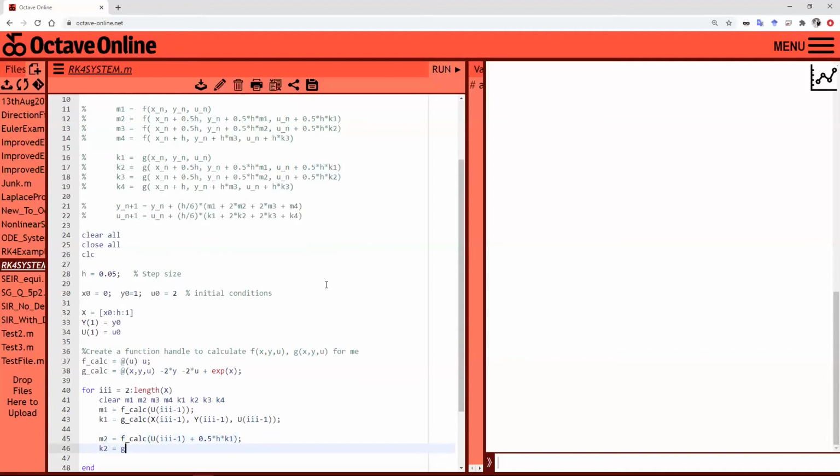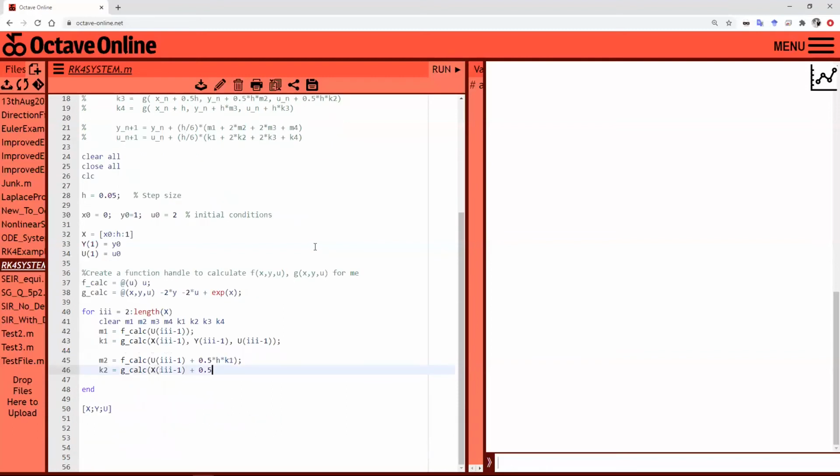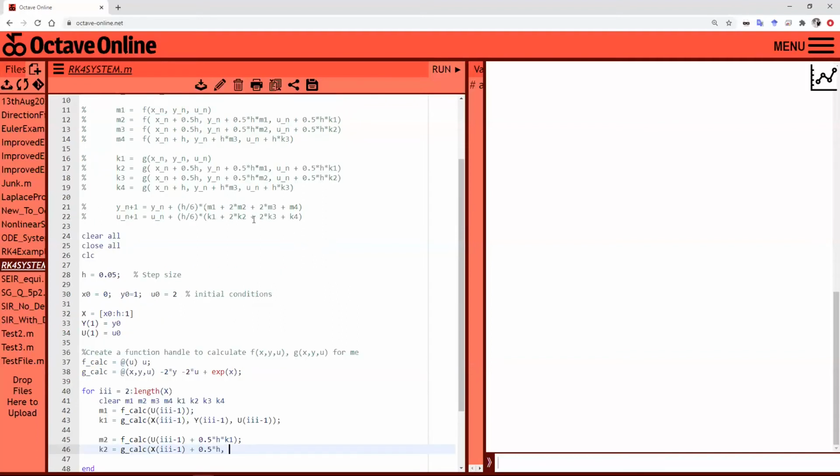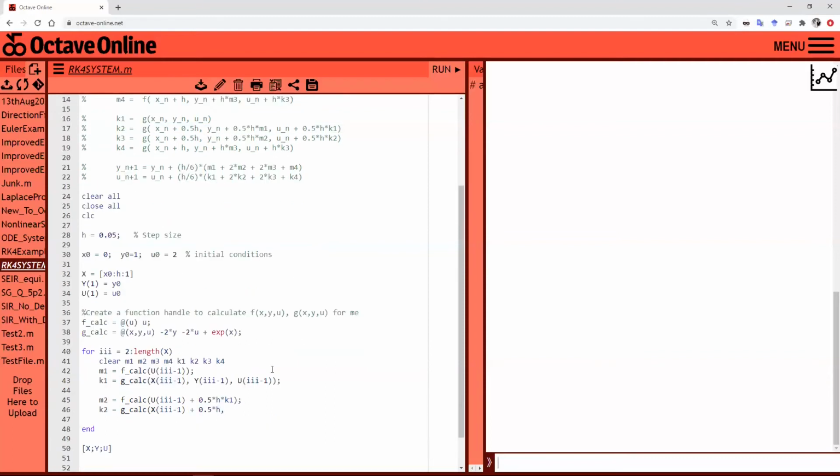K2, similarly, equals gcalc. This one is a little bit more awkward because I have three inputs: x, y, and u. x is evaluated at the previous x value plus 0.5 times h, so x at i minus 1 plus 0.5 times h. y is evaluated at y at the previous step, i minus 1, plus 0.5 times h times m1.